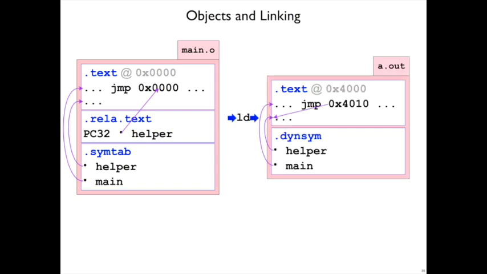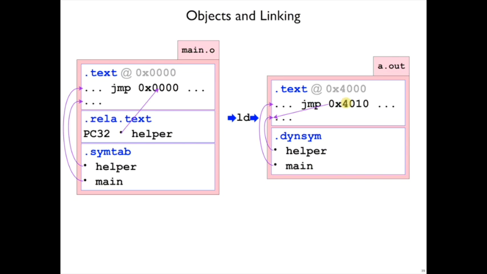And so what the linker does is take that object code, it fixes it up. It gets rid of the rela.text section because it doesn't need it anymore. The symbol table turns into a dynsym table because maybe we need to know where helper and main are for dynamic linking, or maybe it won't be necessary, but in a modern executable, that information is pretty much always there. You can see that the jump address has been patched by the linker.